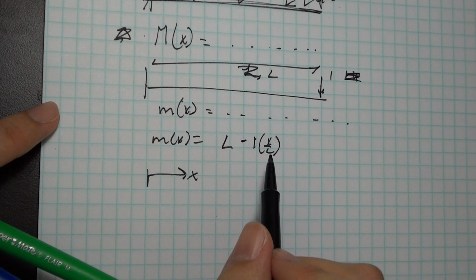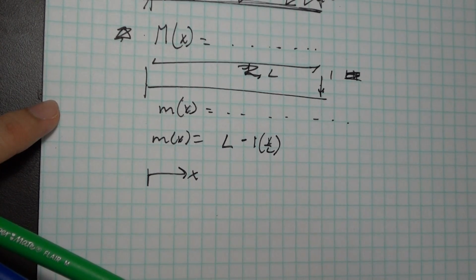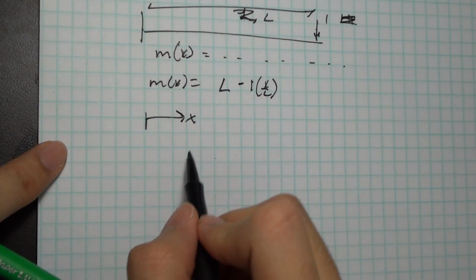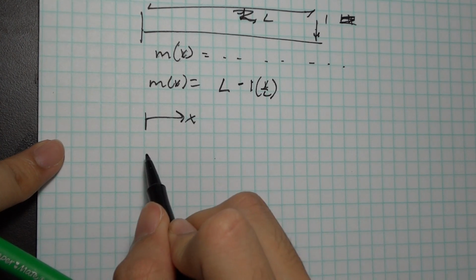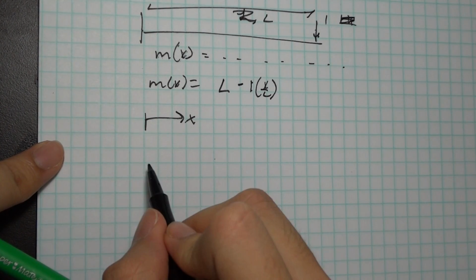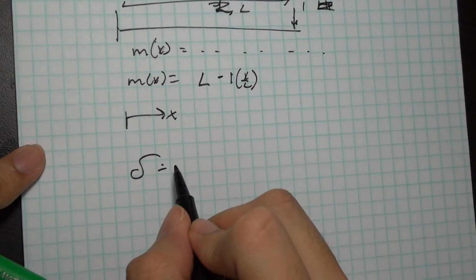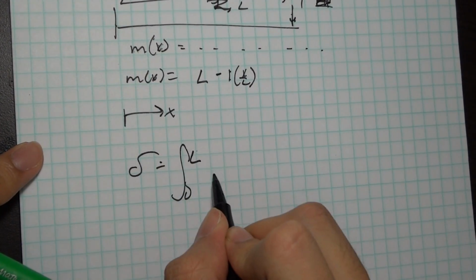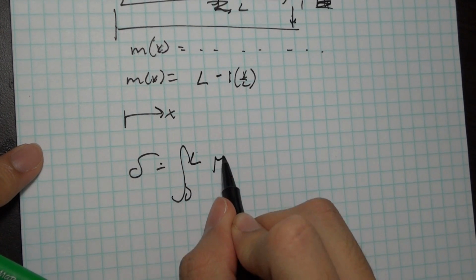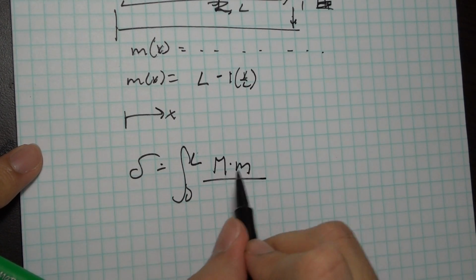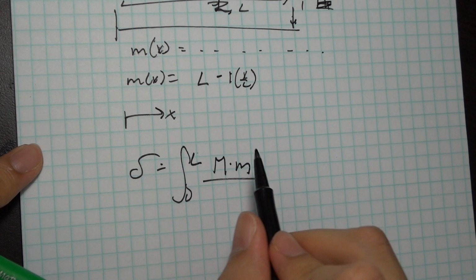And you're going to use your work equation, but this time with moments. So your delta is going to be equal to the integral from 0 to L of m times m over EI.